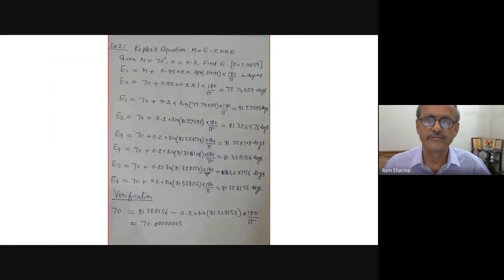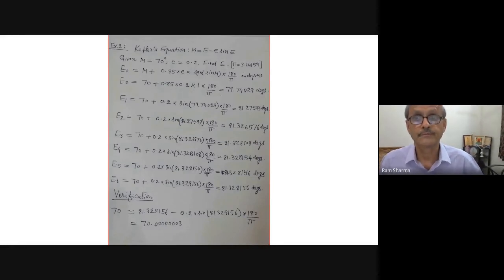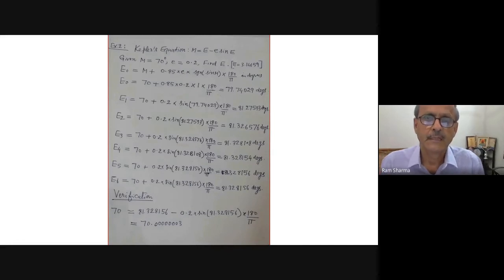And now in this case, we have taken e as 0.2, and you don't have to convert degrees and so on; you can do it directly. See, for E0 you use the same method, Danby's method, 0.85 into e, and since sin 70 is positive, we take a positive sign.